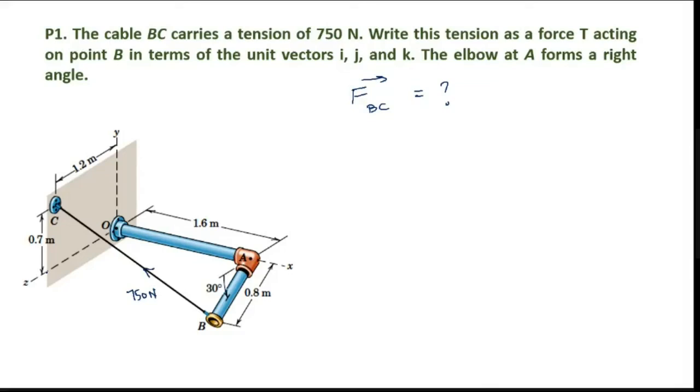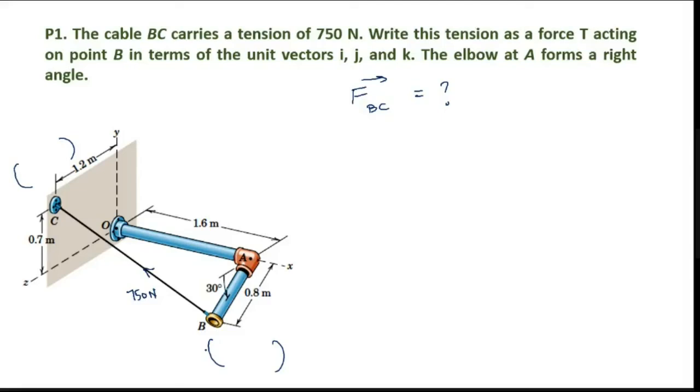In this case, I have to identify the coordinate points. The question is very simple. You have to identify only this force BC, which means I need only 2 coordinate points. One is C, the other one is B. If I know that, then I can easily solve the problem.